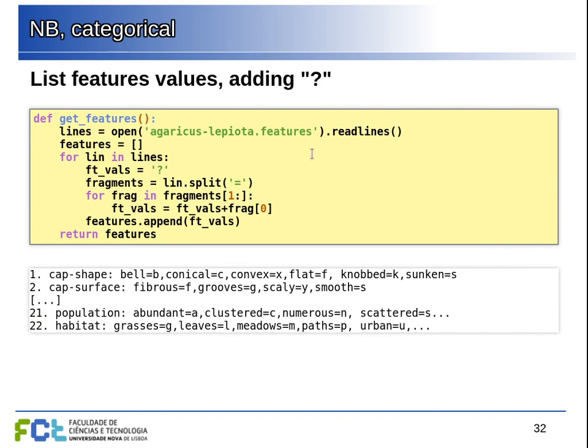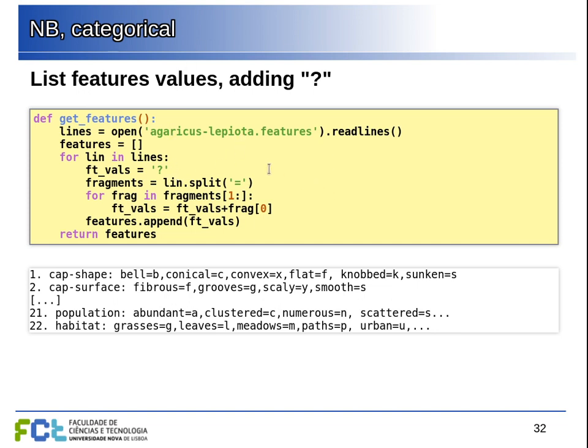There are many different ways of dealing with missing values, and this depends a lot on the actual problem you're trying to solve. So we're not going to worry about this. We're just going to mostly ignore this problem and consider that unknown is just another possible value on these features. In some cases, this may not be the most correct approach, but those are details that will depend on the actual application, so we're not going to focus on that.